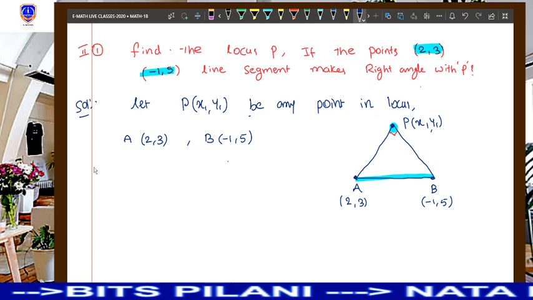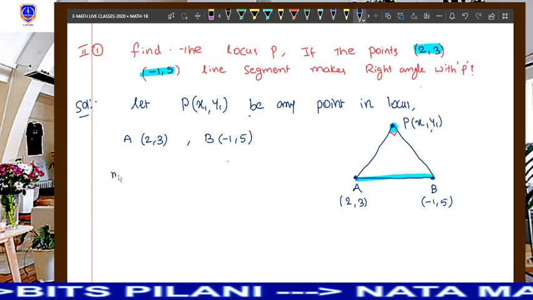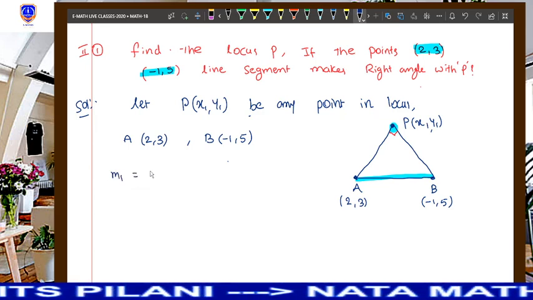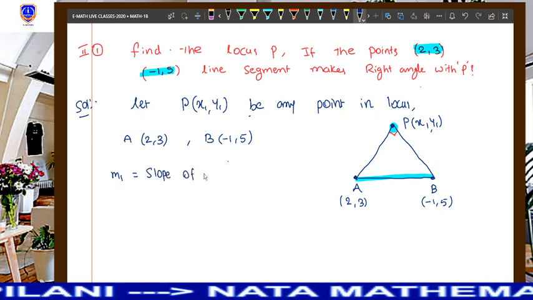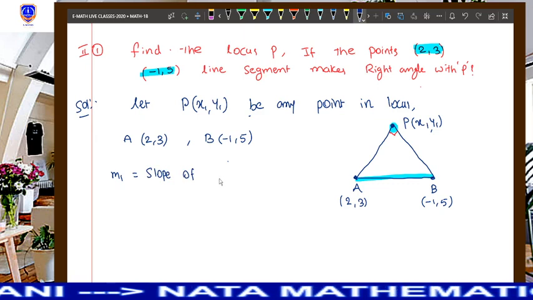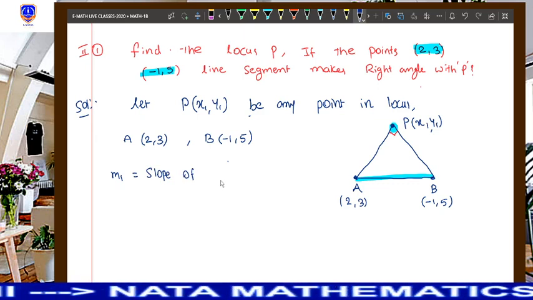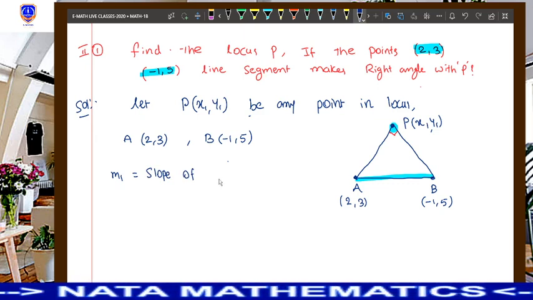Fine. Let us suppose M1 is equal to the slope of, this is the easiest procedure. Actually, we can solve this question in 2 different manners.